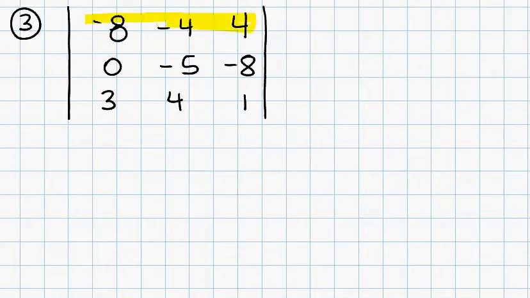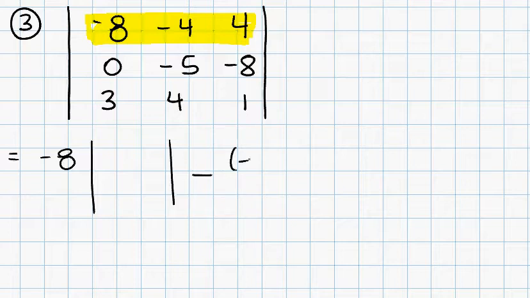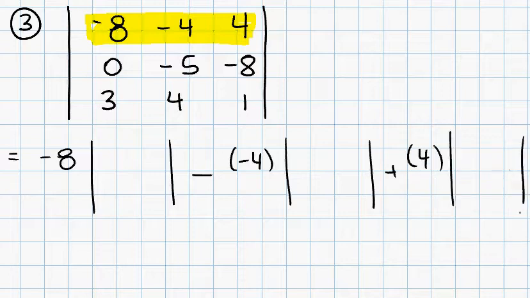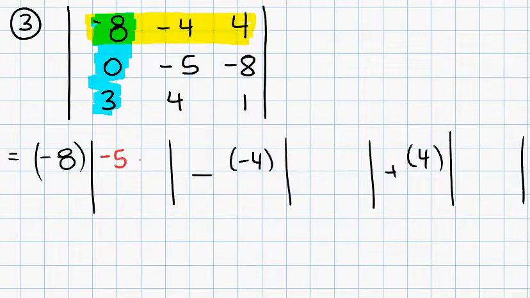So we have this lovely first row of numbers that are going to be in front of our 2 by 2 determinants. So we have the -8 with a 2 by 2 minus the -4 with a 2 by 2 plus the 4 with the 2 by 2. So if we get rid of -8's row and column, the numbers that are left are -5, -8, 4, 1.